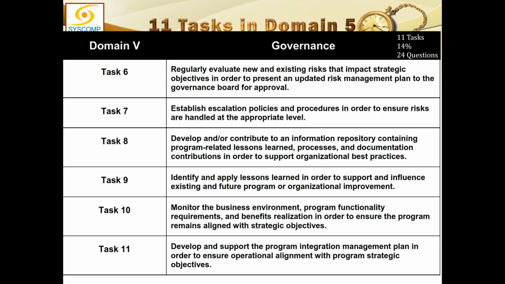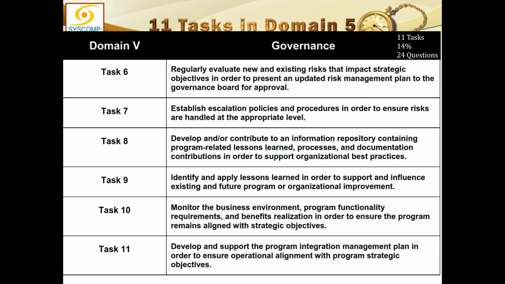Similarly, if I have a certain risk which is common to my 4 projects or 3 projects, such a risk is to be handled at the program level. So it will not be handled individually by the project managers, but such risks will also be escalated up and taken over by the program manager so that a unified action can be taken on them.